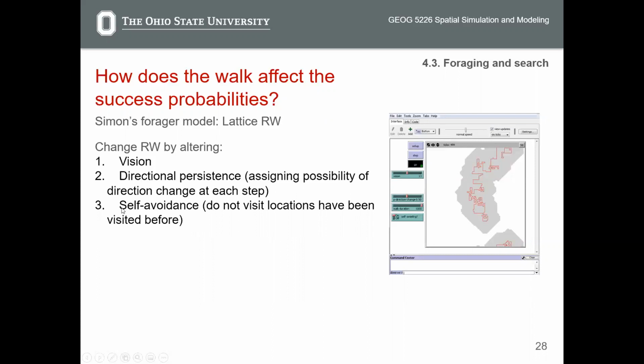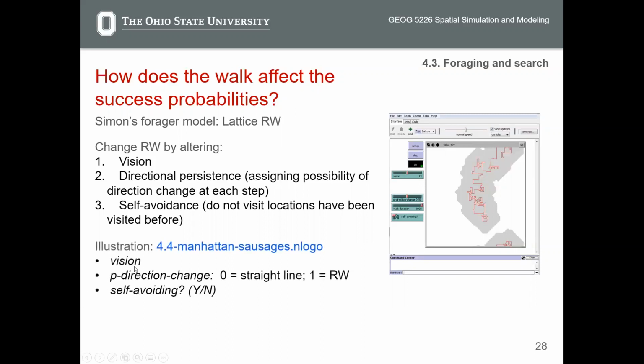If you turn this off, it means that the walker could just go back to a cell that has been visited before. Since it has been visited, if there was food, it has been collected. If there was no food, then you go back to it. It's meaningless, right? So self-avoidance can increase the efficiency of the walker dramatically. Okay.